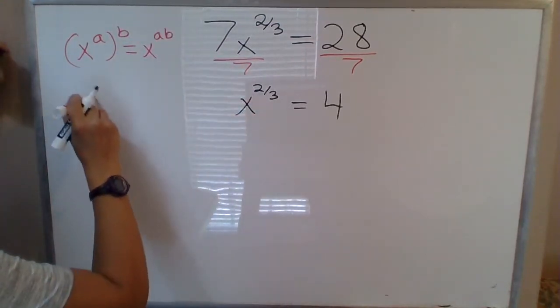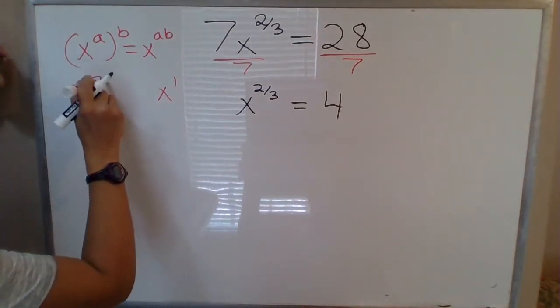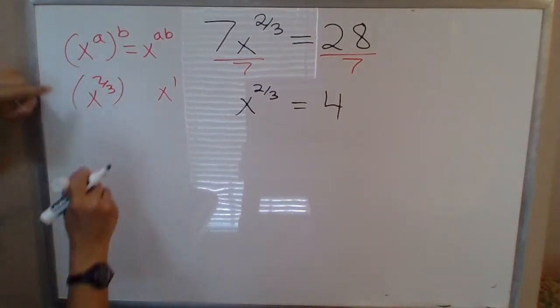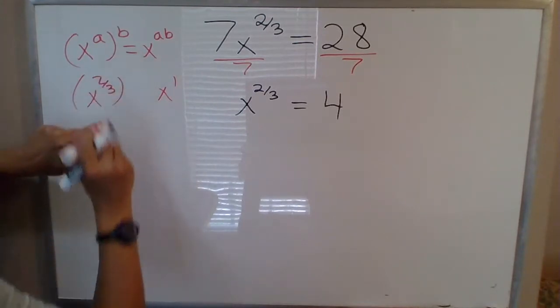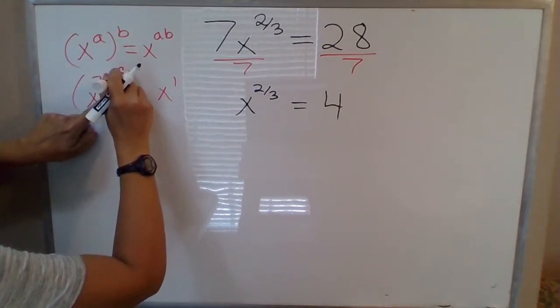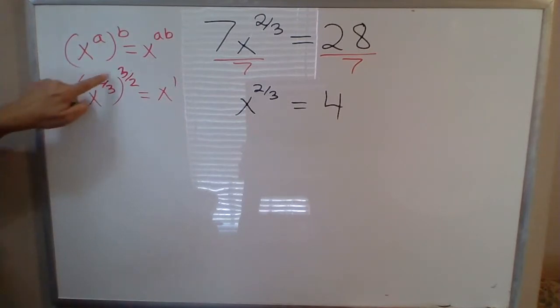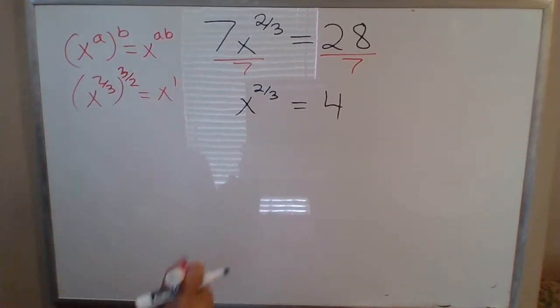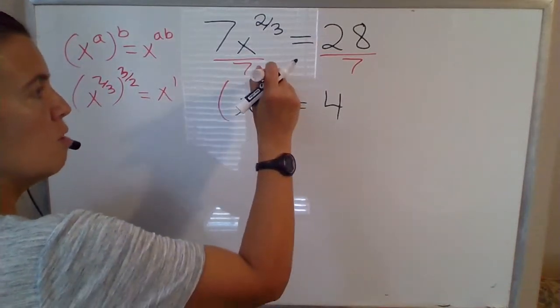If my goal is to end up with x to the first, and I have x to the 2/3, then I want to raise it to a power so that when I multiply those exponents, I get 1. In other words, I need to raise it to the reciprocal power, which in this case will be 3/2. And notice that when I do that, I'll have x to the 6/6, which is x to the first. So that's the way to attack this one: you raise it to the reciprocal exponent.